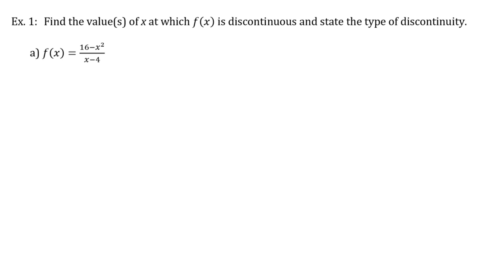Where would you suspect we might, or maybe you already know, have discontinuity? And where? X equals 4, because that's what's going to give us a 0 on the bottom. Very good. And you would suspect that it's a vertical asymptote, but actually we don't know that yet, do we? What else could it be? It could be a hole. So what would you have to do for this question? Factor the top and the bottom.